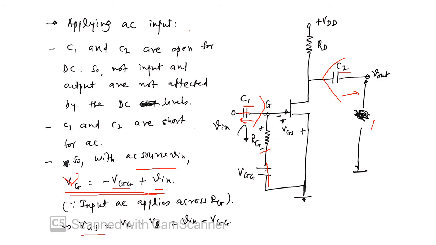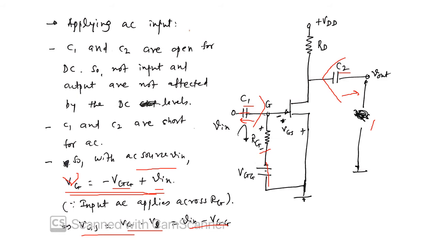We are interested in VGS, to see how variations in the input behave around the operating point. VGS is equal to VG minus VS, and VS is 0, but VG is equal to minus VGG plus Vin, so VGS is Vin minus VGG.